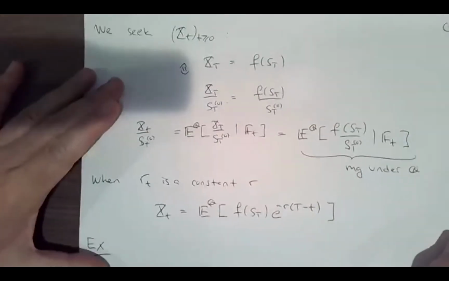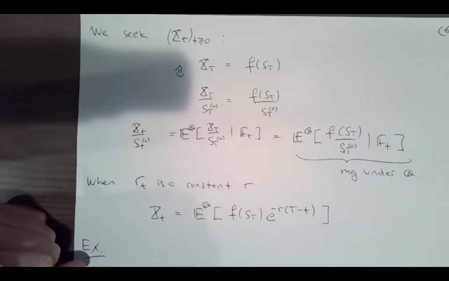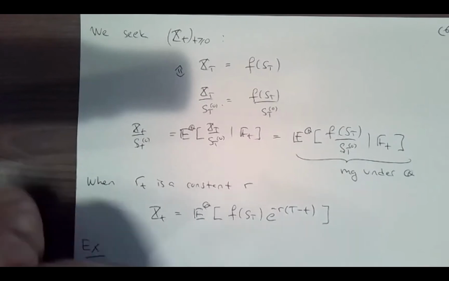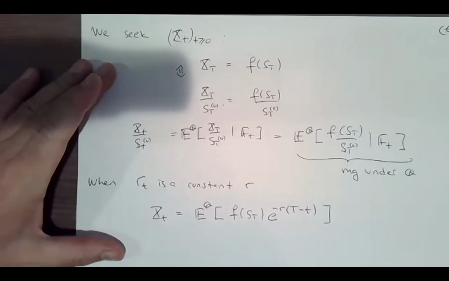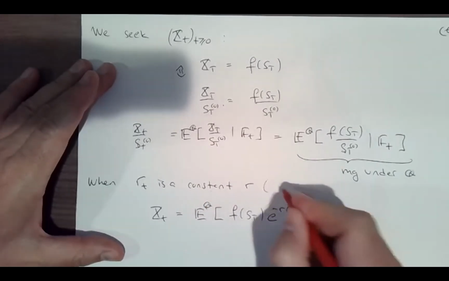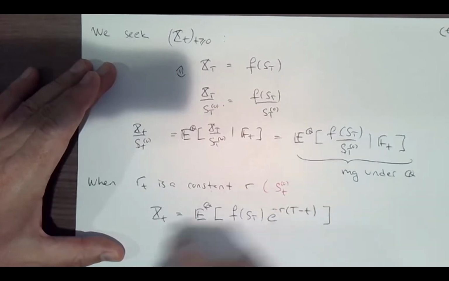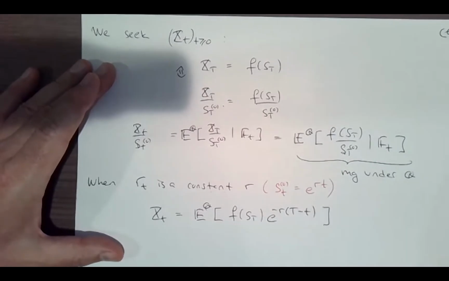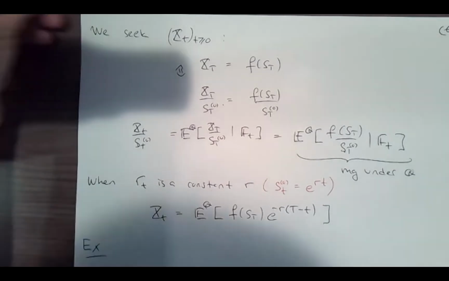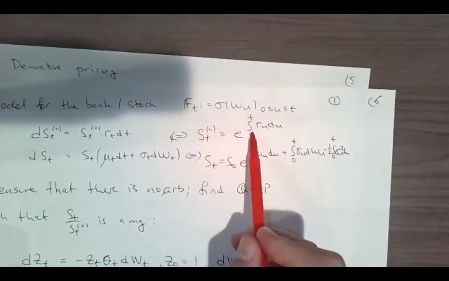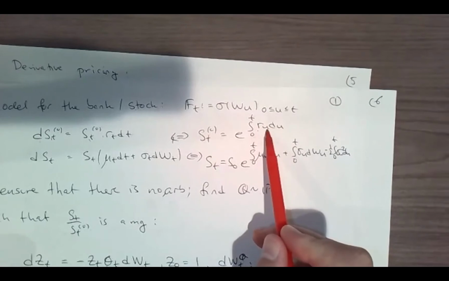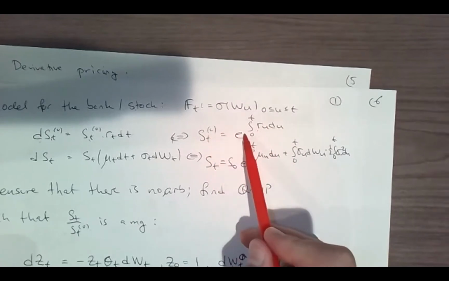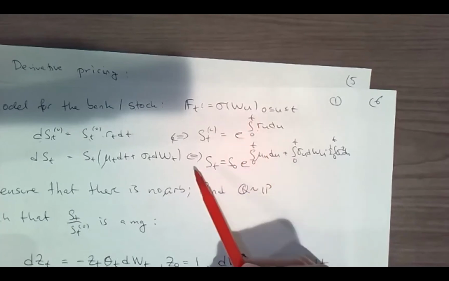Professor, hold on. Why does RT being a constant R allow us to make that conclusion? If this is a constant, then you're going to get that st0 is equal to e to the rt. That's the one we have up here, right? When r is a constant, st0 becomes e to the r times t.